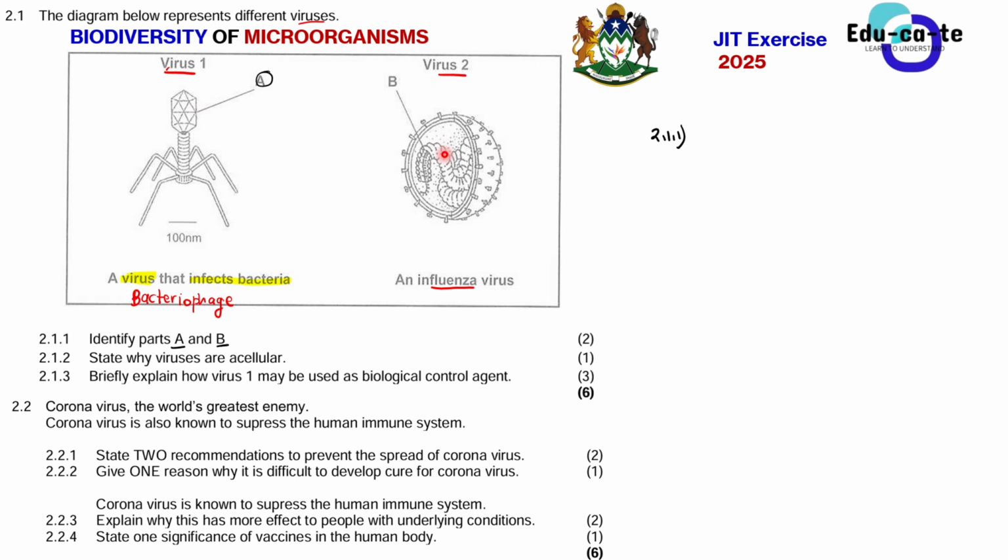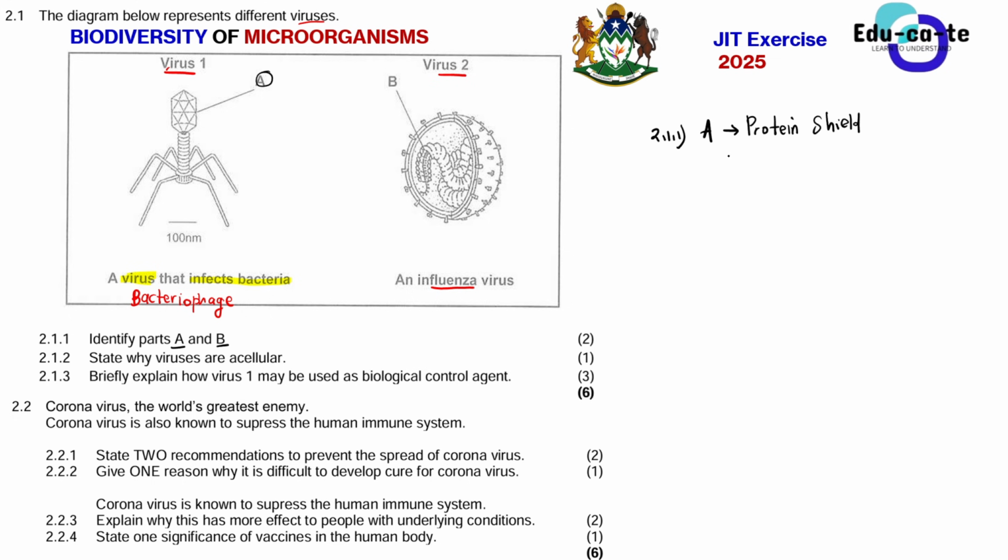This is similar to a protein coat from a normal virus, but it is used to cover the genetic material of a bacteriophage. So it is covering the DNA or the RNA. So part A is known as a protein shield.